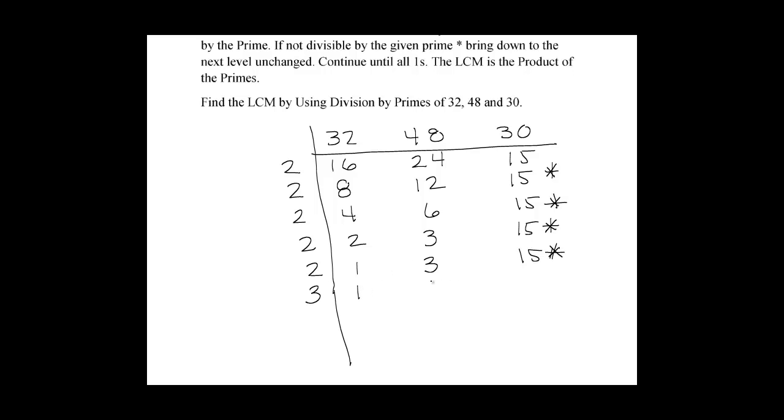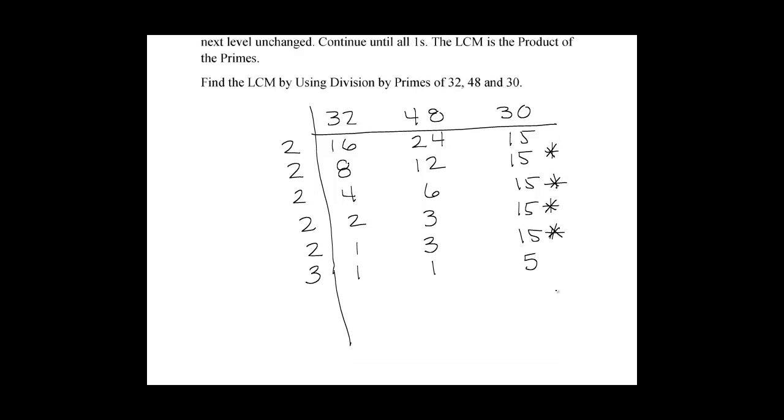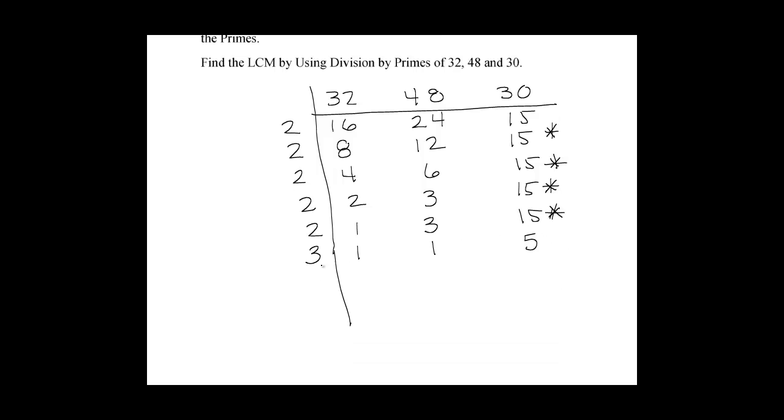This will be a 1, this becomes a 1, and this is 5. Okay, so now we have only this 5. We put the 5 out here, and now we have 1, 1, and 1. All of the levels are 1. So we're done.